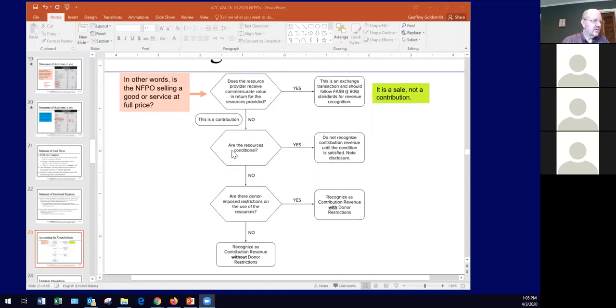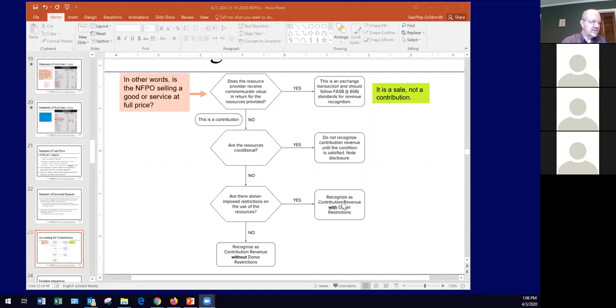But if the donation is unconditional, that is, the organization doesn't have to do anything in advance to receive it, we have another question to ask, and that is if the donor has given any restrictions on how to use the resources.